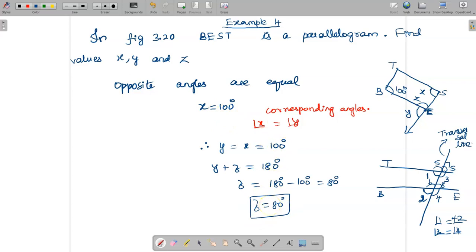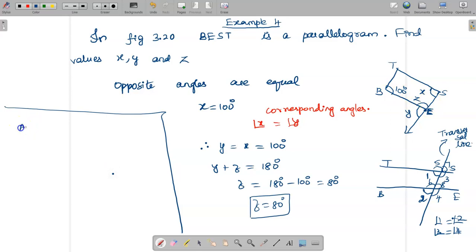The same problem I can solve in another method also. What is the other rule? We have opposite angles are equal. Another property is that adjacent angles in a parallelogram, when we add them, it is 180 degrees.